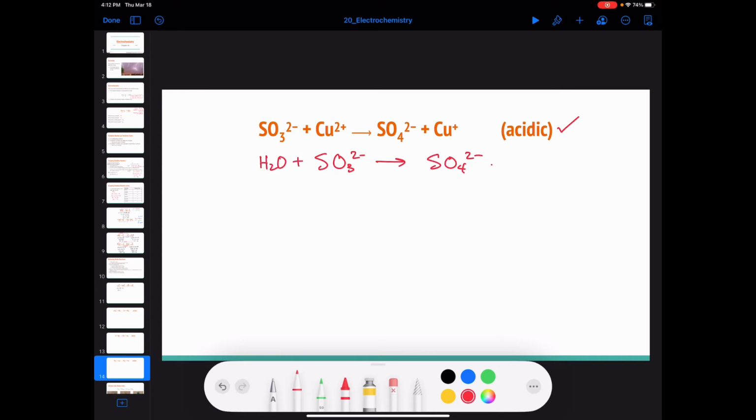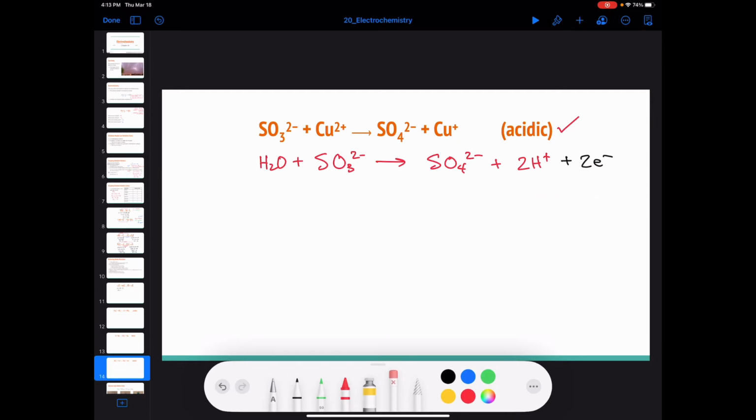But that does mean that we need to add 2 hydrogens over here, right, to make it balance. Next, let's check our charges. We've got a -2 on the right, and we've got a -2 and a +2, canceling out to 0. So we're going to have to add 2 electrons to this right-hand side so that it'll cancel out, right? So that this will add up to a -2. Okay, that looks pretty good.